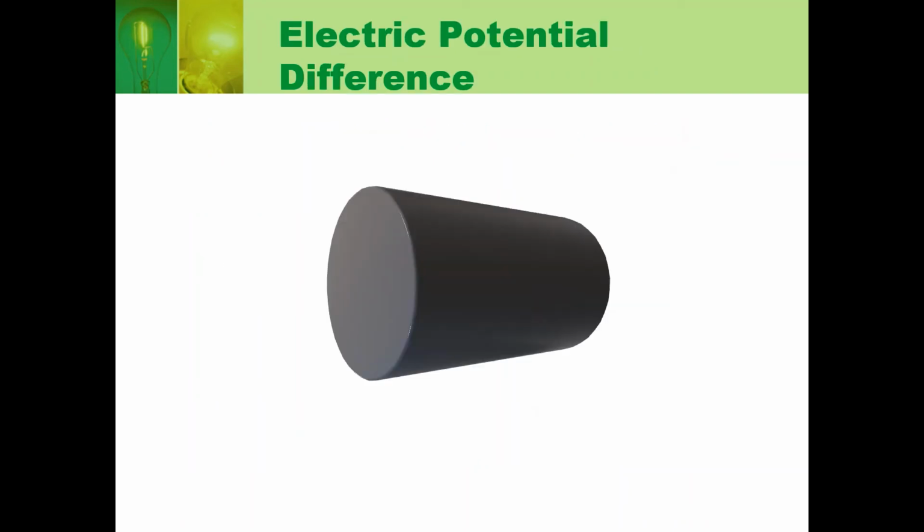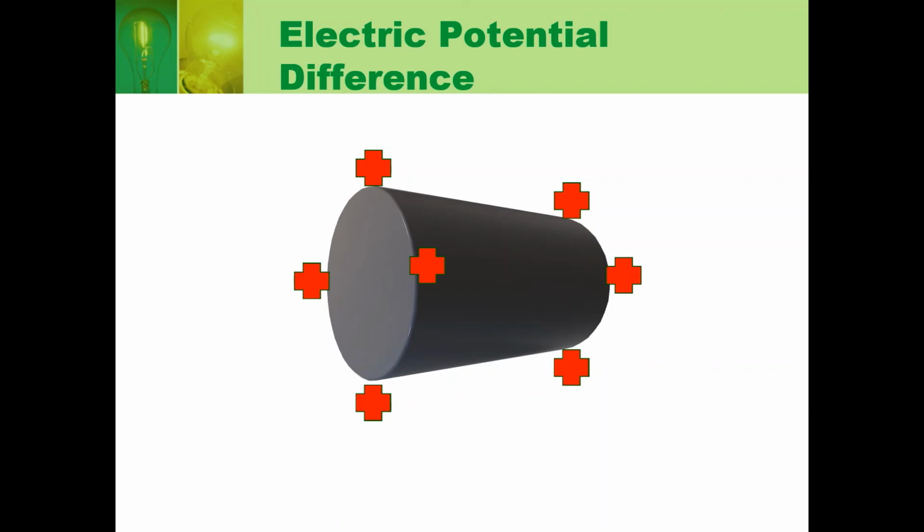Let's consider our conductor with excess charges again. Because charges can move freely through conductors, those charges would spread out. As we have seen, excess charges move to the outside surface of a conductor. Once the excess charges are spread out in a way that no charge experiences a net electric force, the charges cease to move, except for the random motion that all particles do.